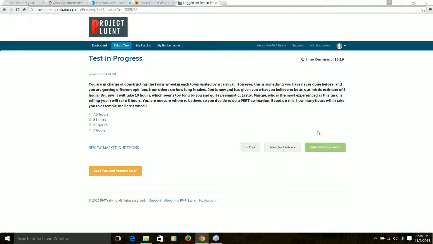Lastly, Margie, who is the most experienced at this task, is telling you that it will take 8 hours. You are not sure whom to believe, so you decide to do a PERT estimation. Based on this, how many hours will it take to assemble the Ferris wheel? 7.5 hours, 8 hours, 21 hours, or 7 hours?